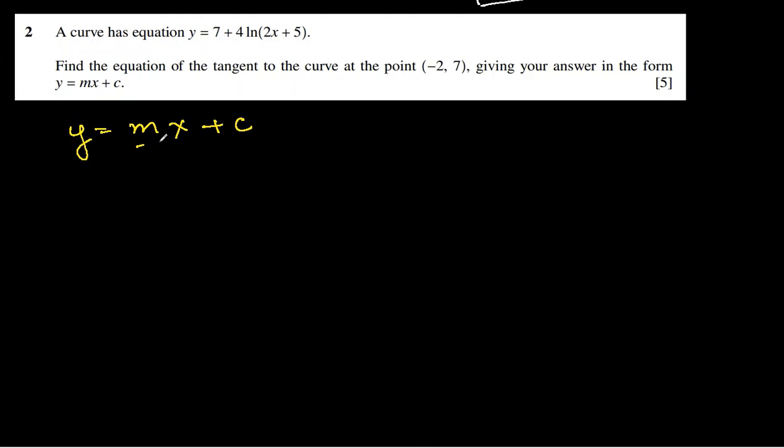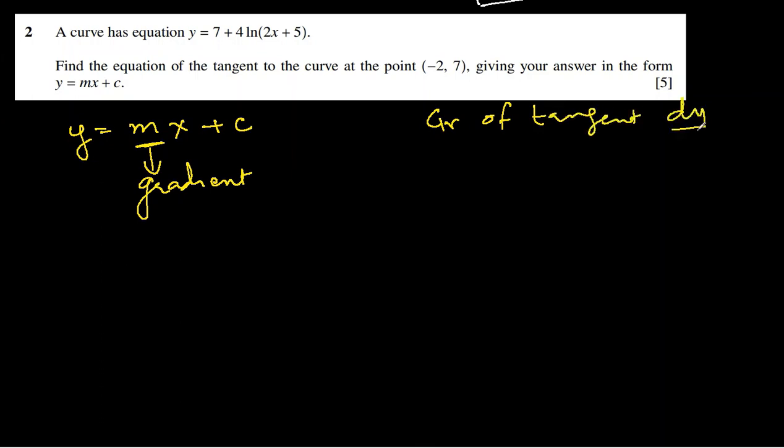We need m first. m is the gradient of the line, and the line in this case is the tangent. So the gradient of the tangent is nothing but dy over dx. Let's differentiate this one and we'll get dy over dx.